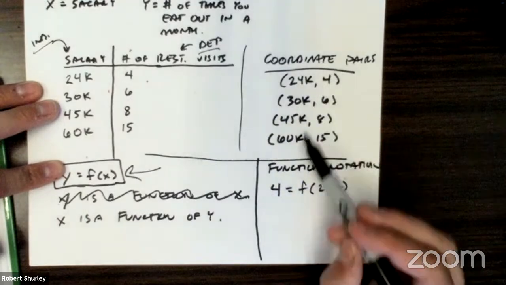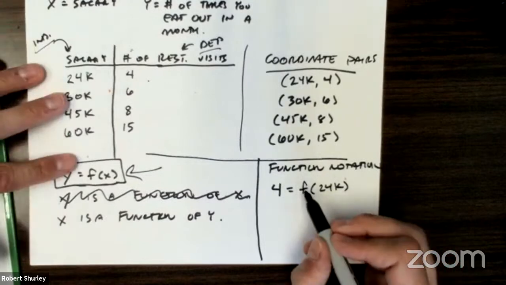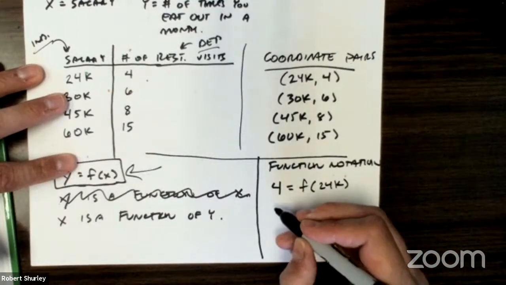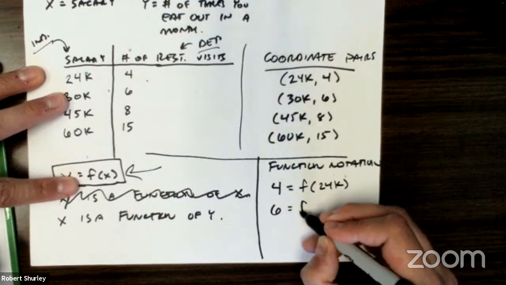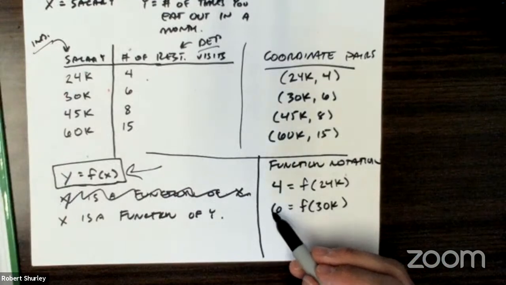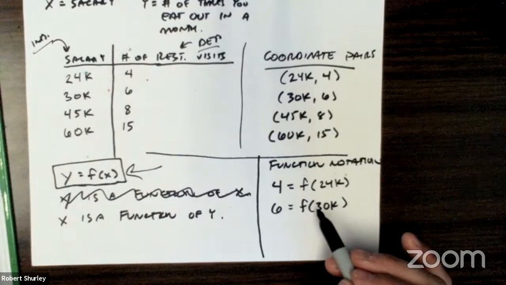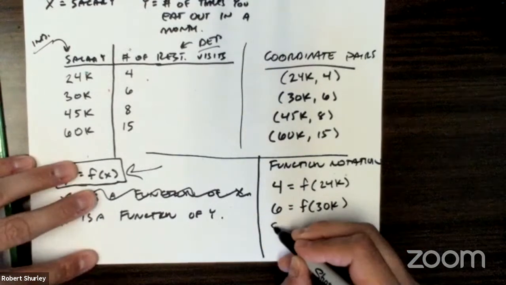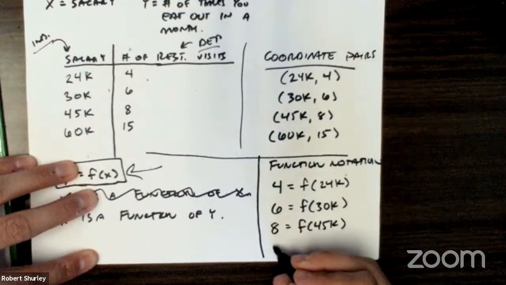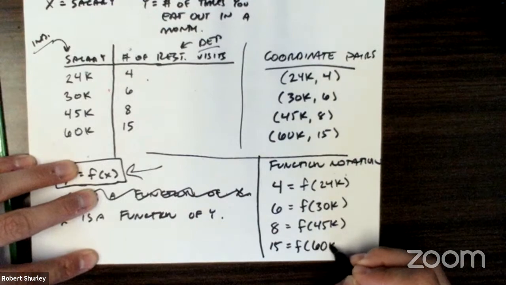If you eat out 4 times a week, that shows that it depends on the fact that your salary is 24K. So 6 equals f of 30K. And we say it like that. Now, we're not multiplying, it's just a function thing. So 8 equals f of 45K. And 15 equals f of 60K.